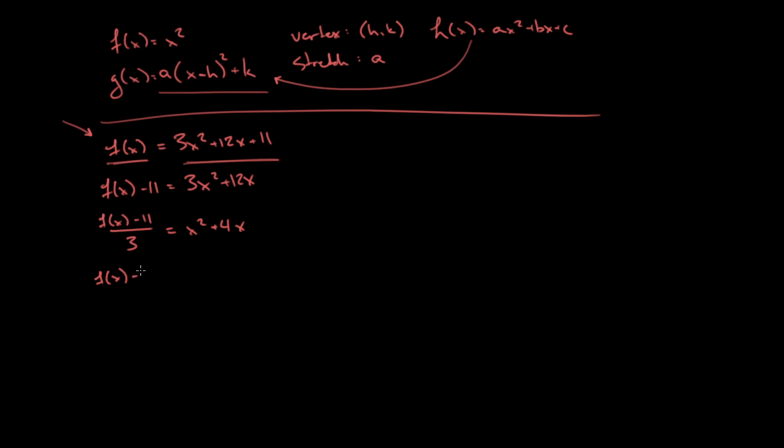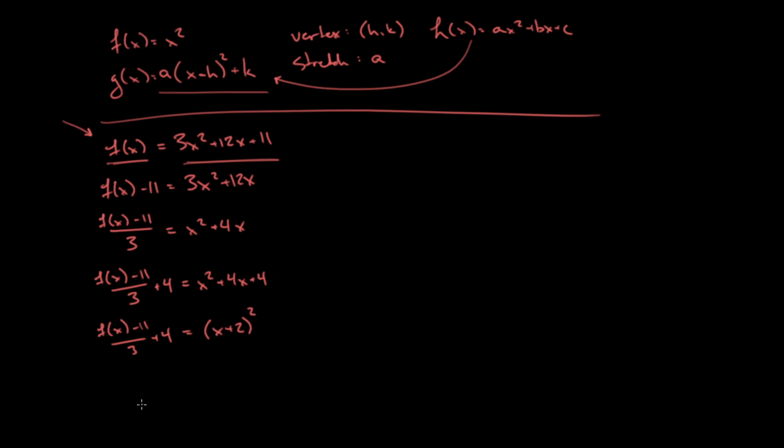So my left side is kind of becoming a bit of a mess, but that's okay because it's just storing everything for me so that I can do all my work on the other side. So once I have x squared plus 4x plus 4, I can factor. So this is f of x minus 11 over 3 plus 4 is equal to x plus 2, that quantity squared.